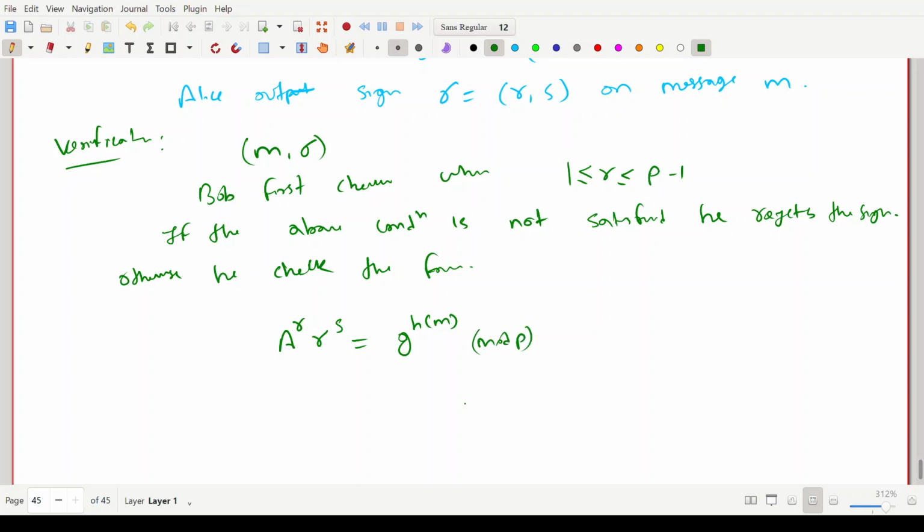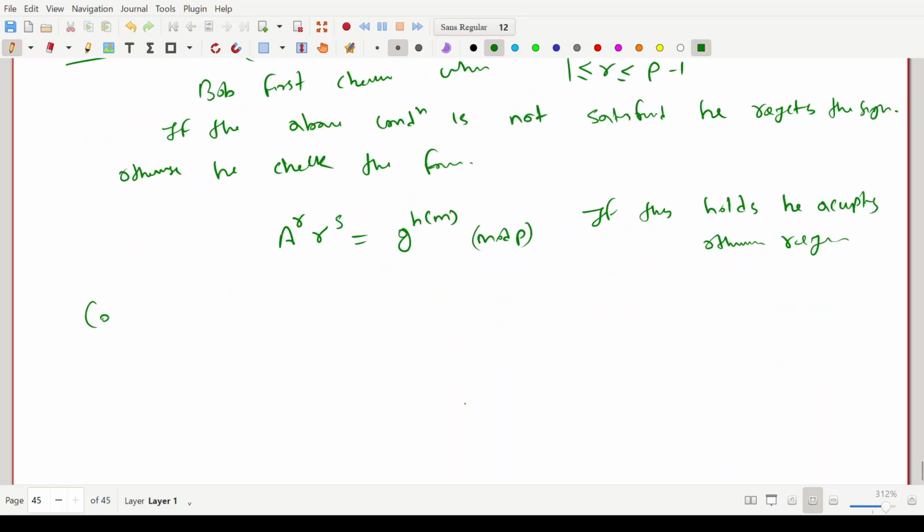If the above relation holds, he accepts the signature. Otherwise, reject. Now let us quickly see the correctness, why this is true.